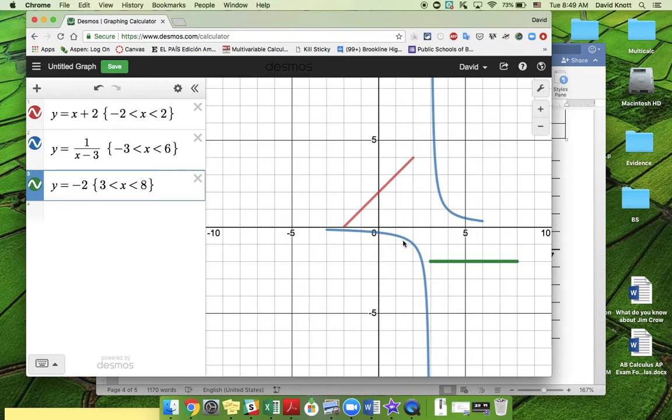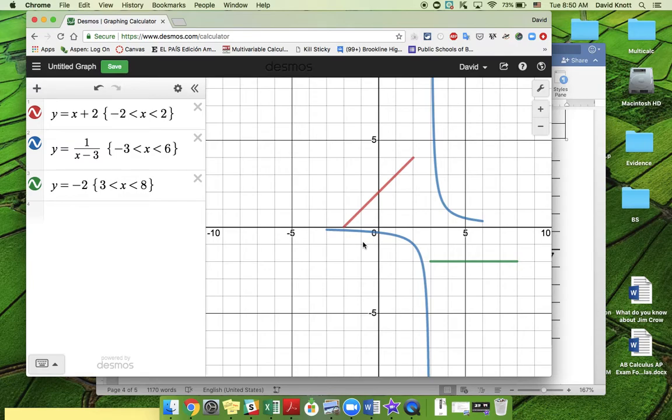This graph, whatever it represents, does not represent a function because it doesn't pass the vertical line test. What that means is that you can draw vertical lines which cross the graph in more than one location. For example, this vertical line right here crosses the graph once, twice. Okay, so this graph fails the vertical line test. What that means is it doesn't represent a function.